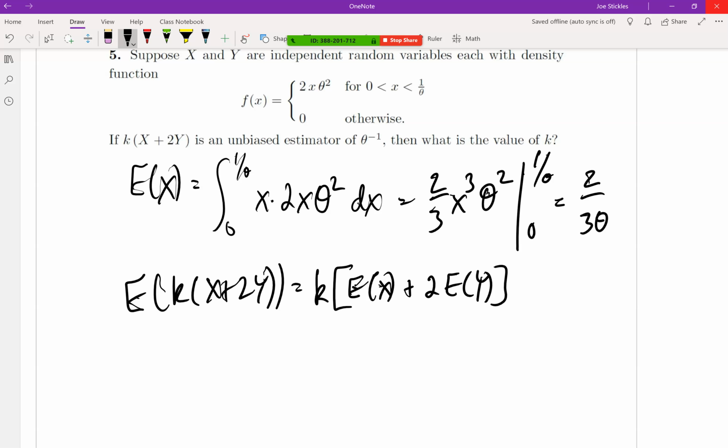X and Y have the same distribution, and we just computed the expected value for each. So we've already calculated the expected value of X and the expected value of Y. Both of those are going to be 2 over 3 theta.